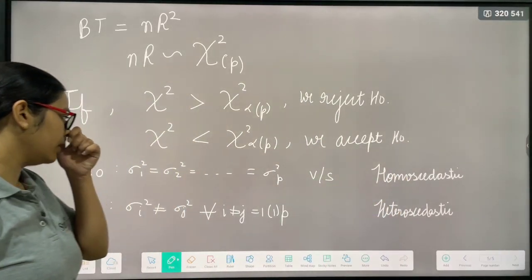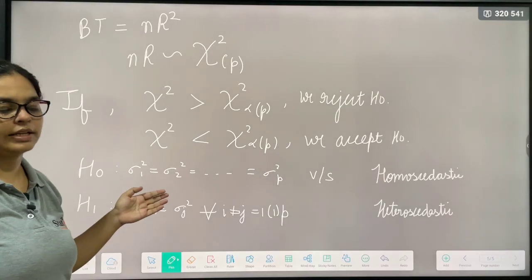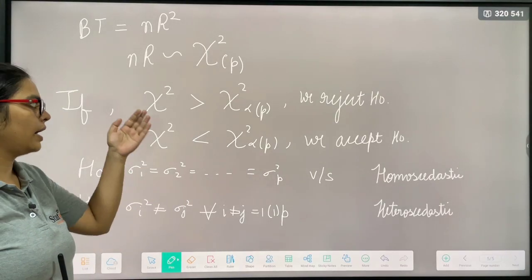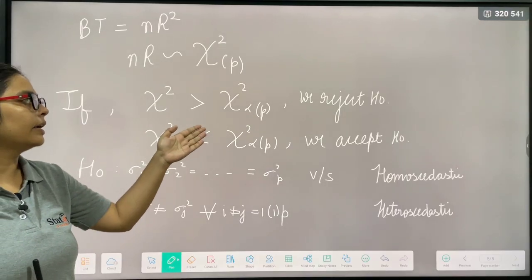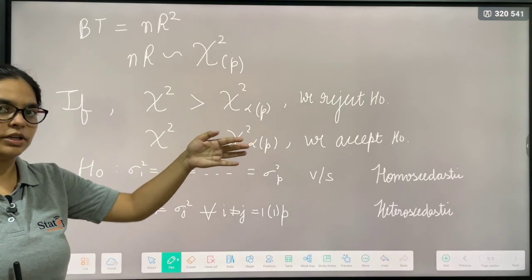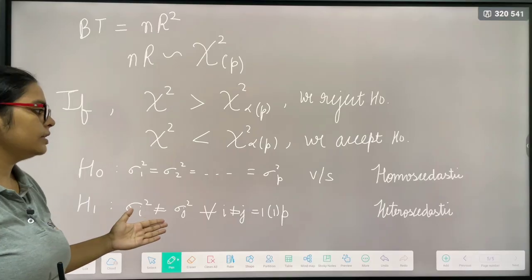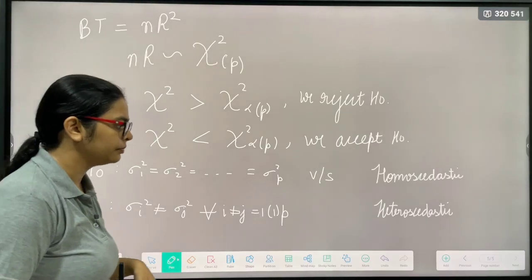If the tabular chi square value is greater than our calculated chi square, then we accept H naught, saying that our model is homoscedastic, and otherwise we reject H naught. That means our model is heteroscedastic.